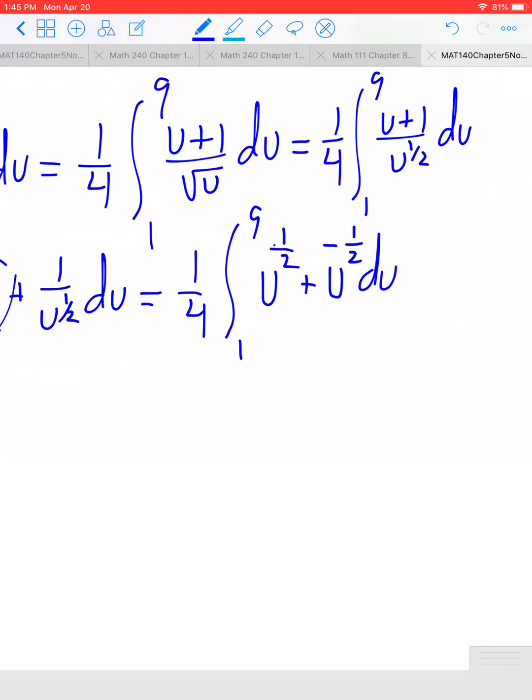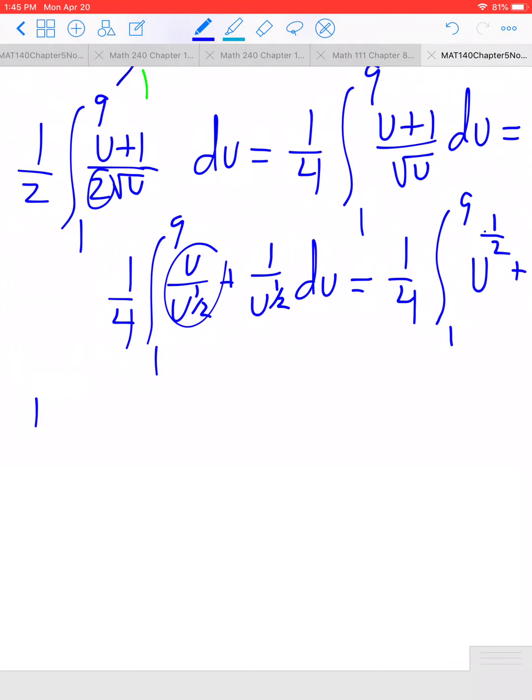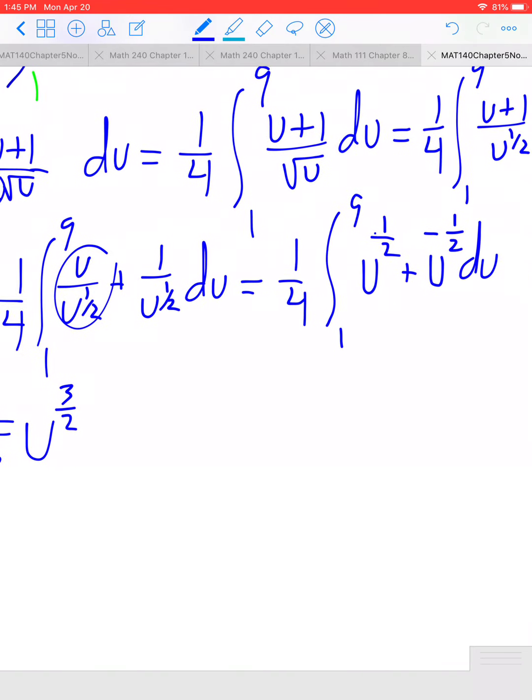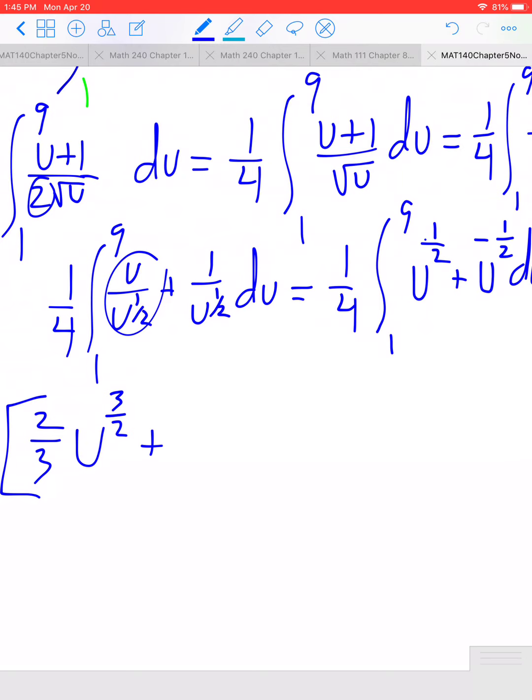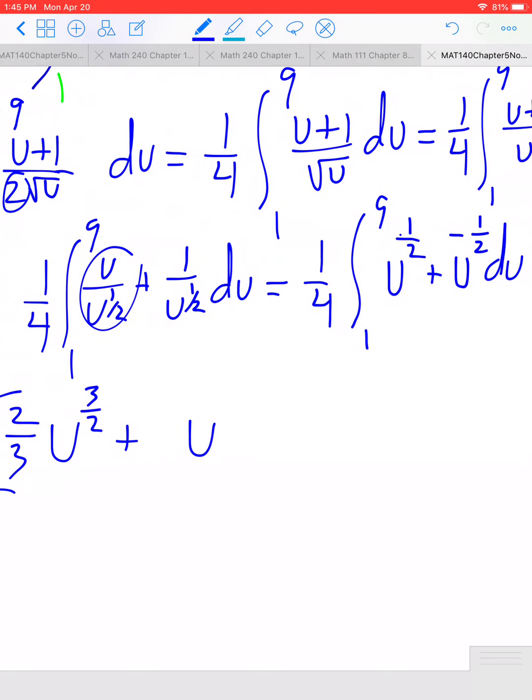From here we can now go ahead and apply our power rule to find the antiderivative. We have 1/4, which is out in front of all of this. U to the 1/2, add 1 to the power, gives us 3/2. Divide by the new power, which gives times 2/3 out in front. Here, if I add 1 to the negative 1/2, negative 1/2 plus 1 is positive 1/2.